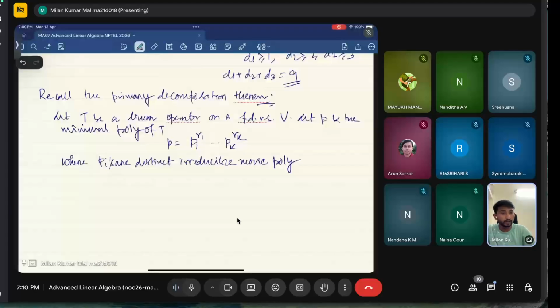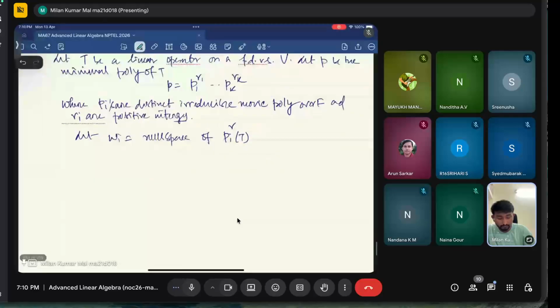So if the minimal polynomial is factored in this way, then what are the consequences we will have? Ri are the positive integers. Let Wi be the null space of Pi to the power Ri, for all i equals 1 to k. Then what are the consequences I will have? That V is equal to W1 direct sum all the way to Wk, because here the k situation is there.